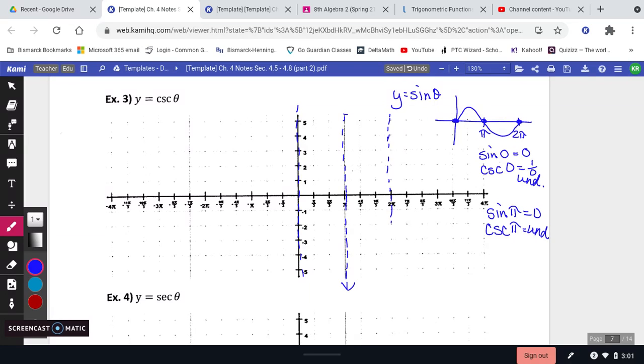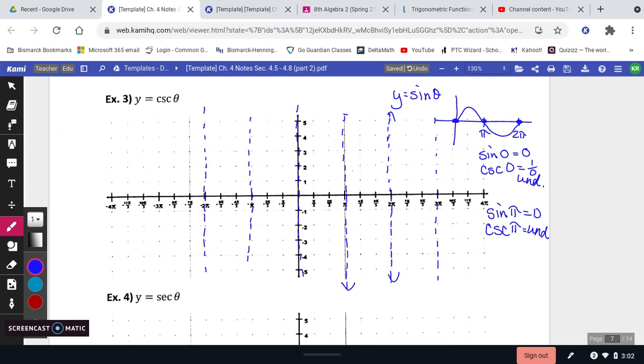Sine is 0 at 2 pi, but if I flip that, then I am now undefined at 2 pi. So you can tell that there are asymptotes at every pi interval. So I can sketch in some other asymptotes.